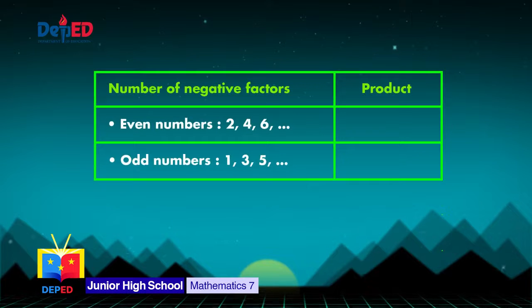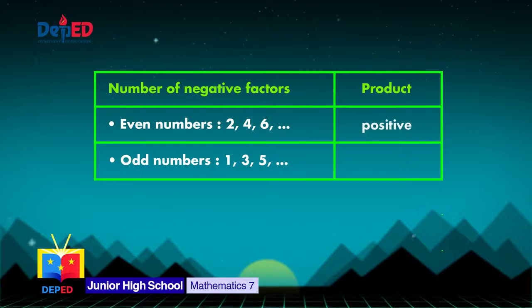When we say even numbers, these are 2, 4, 6, and so on. And odd numbers for 1, 3, 5, and so on. So if we have an even number of negative factors, the product must be positive. And if we have an odd number of negative factors, the product must be negative.